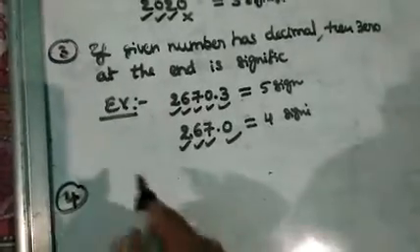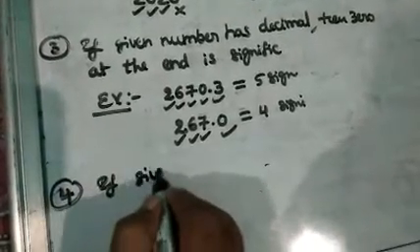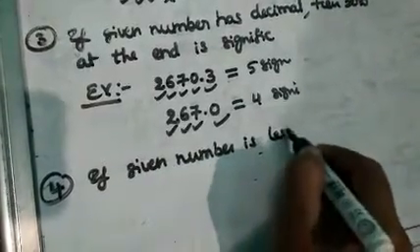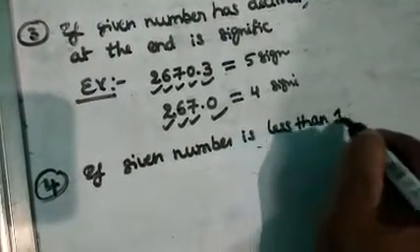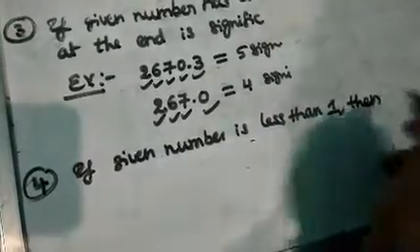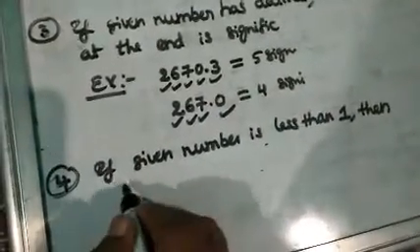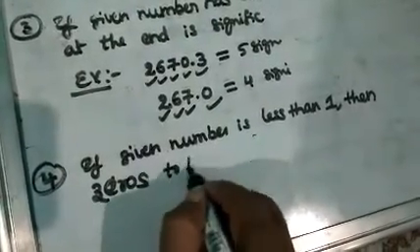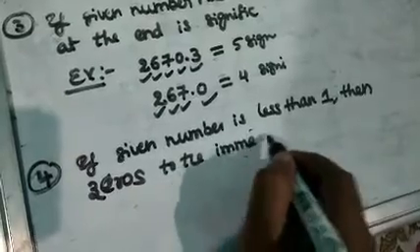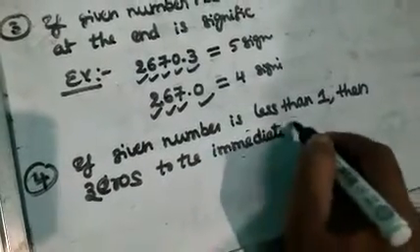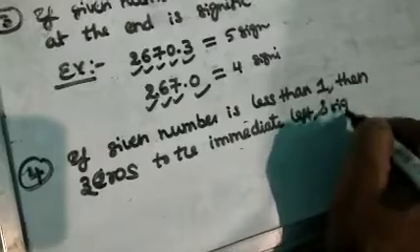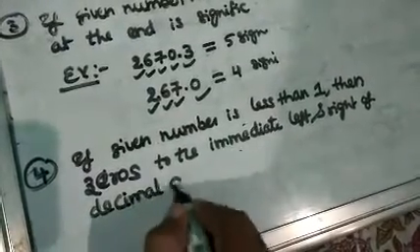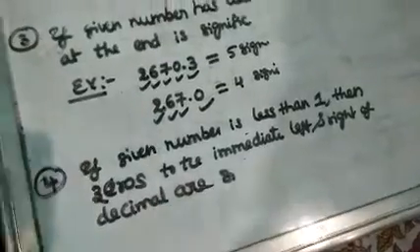Next one. If the given number is less than 1, it means for sure it has decimals. Then zeros immediately to the left and right of the decimal are not significant.